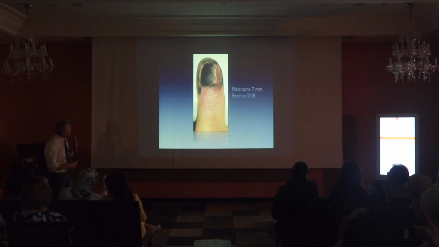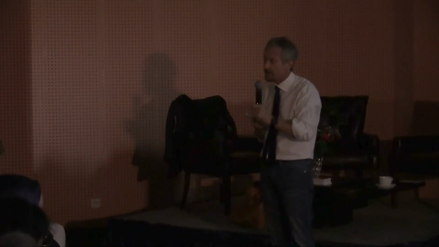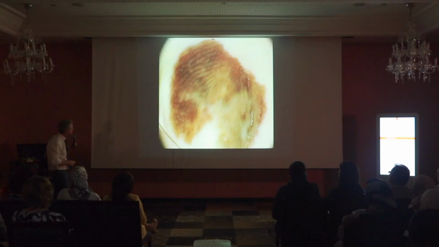Yeah? And now this melanoma is 7 millimeter with sentinel node biopsy positive. Okay? So, never underestimate the criteria you see with your eyes. If the criteria are strong enough, don't trust 100% the pathologist. Do another biopsy, ask another opinion, you know, or repeat, exactly.